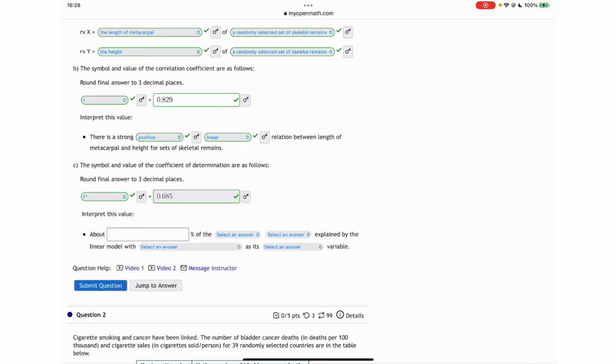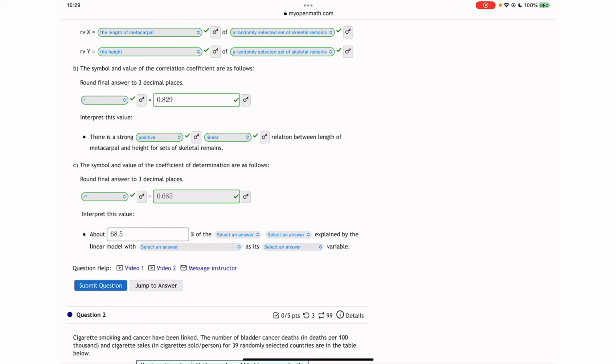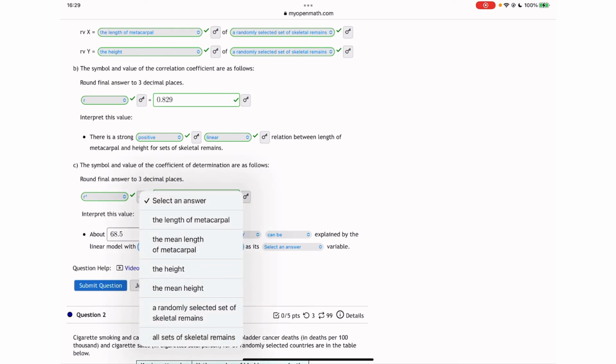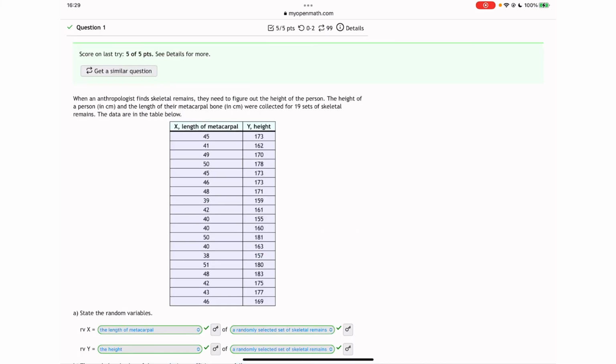So 0.685 means 68.5% of the variation in y can be explained by the linear model with x, the length of the metacarpal, as its predictor, because it's the independent variable x. Submit, and we got all correct.